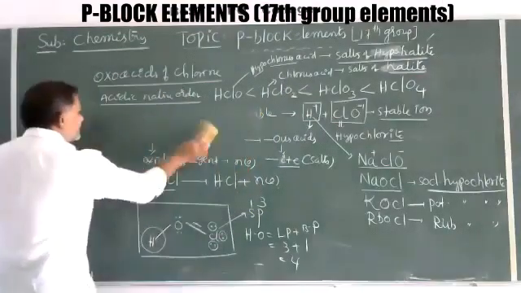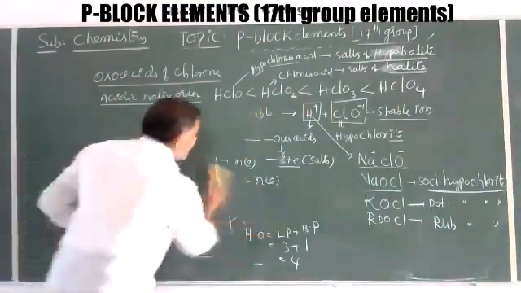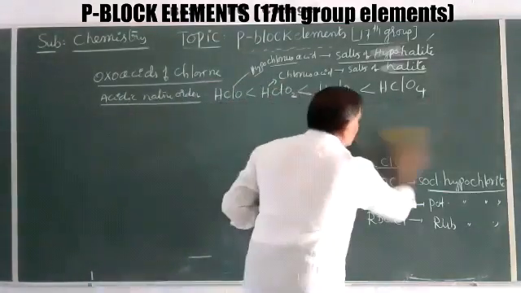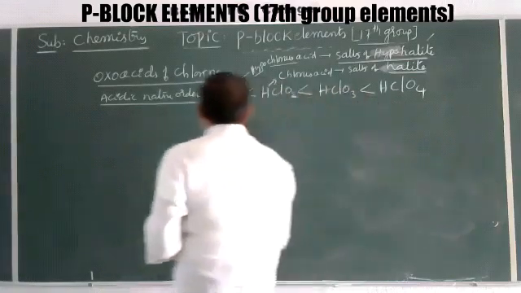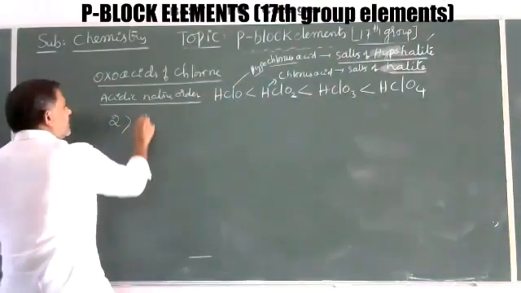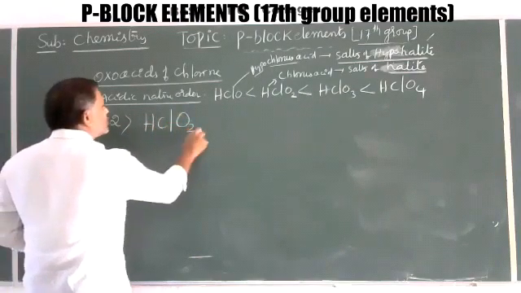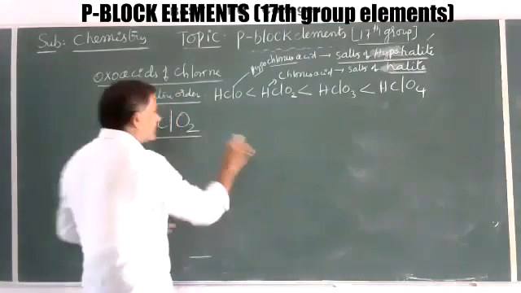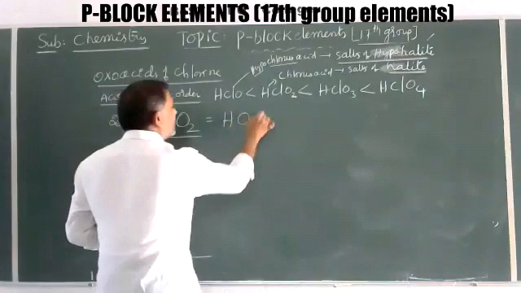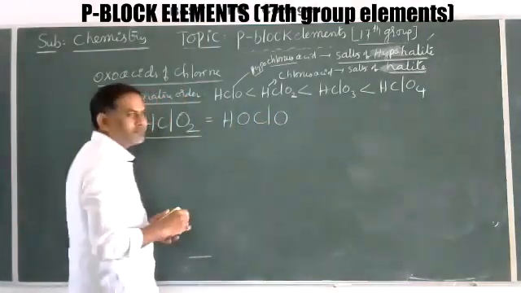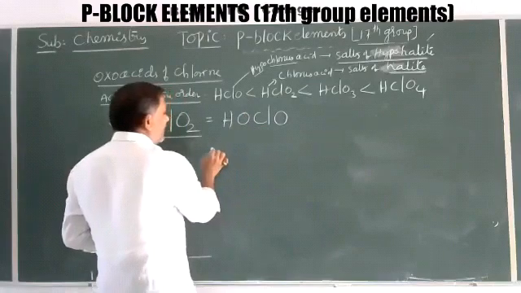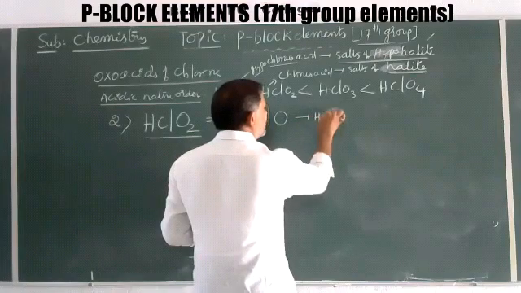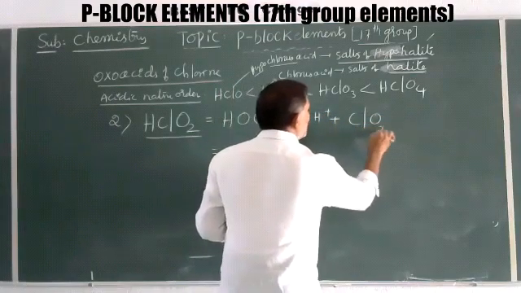The next important compound is the oxo acids of chlorine. The second one is HClO2. We can write this as HOClO. Considering its ionized nature, it gives H plus and ClO2 minus.